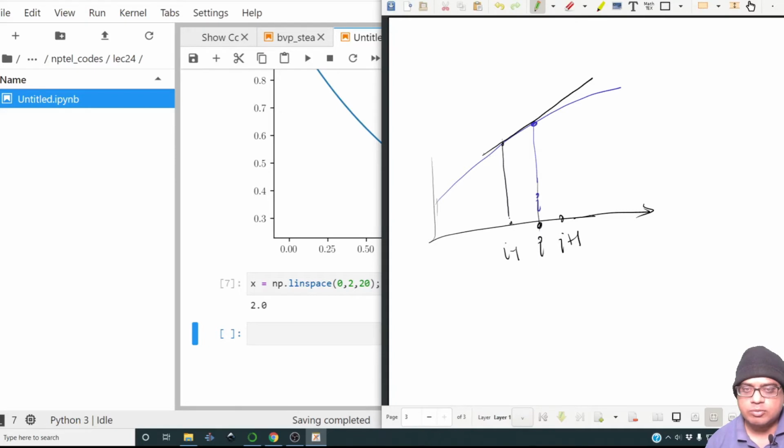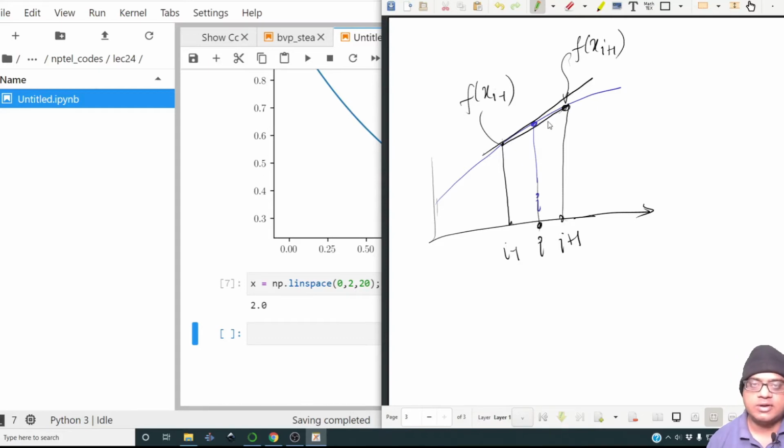So this point is f of xi minus 1, and this point is f of xi plus 1. So I can approximate it by taking a difference between these 2 points. That is the central difference. I can approximate it between these 2 points. This is the forward difference. I can in fact approximate it using these 2 points as well. That is the backward difference.